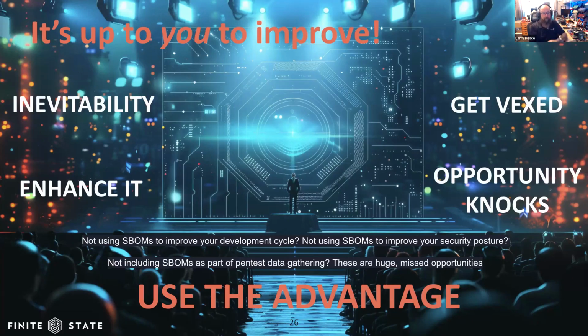So I would be in favor of not omitting, but further enhancing with something like VEX and VDR to have some comments back. And be transparent about your security, because quite honestly, it may force you to do a little bit better on your security, and some of our regulations are requiring it.